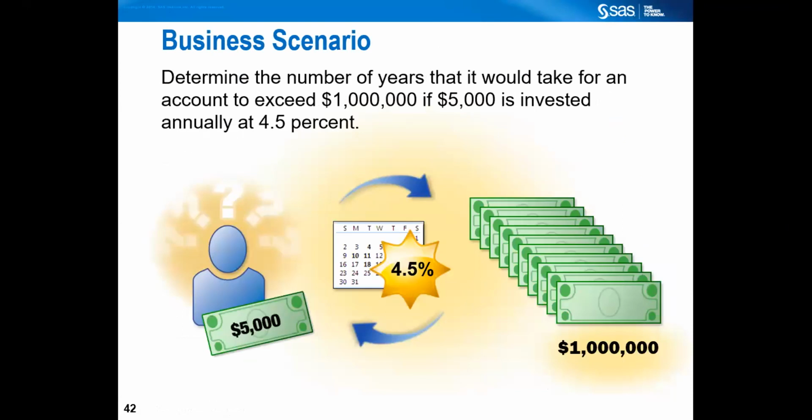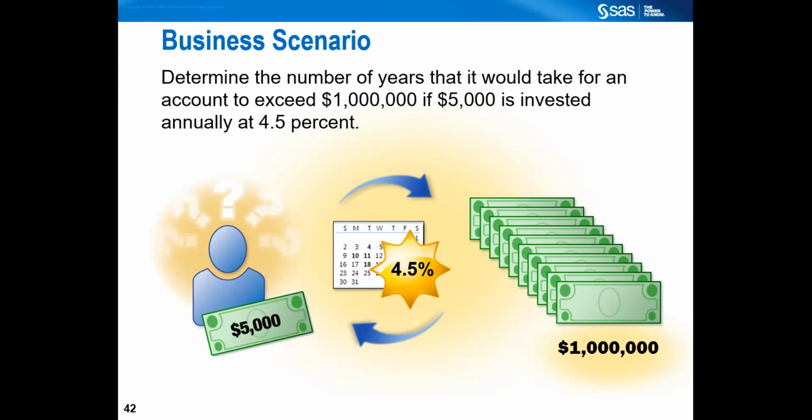So we'll understand this through a scenario. It's telling determine the number of years that it would take for an account to exceed 1 lakh if 5000 is invested annually at the rate of 4.5%.